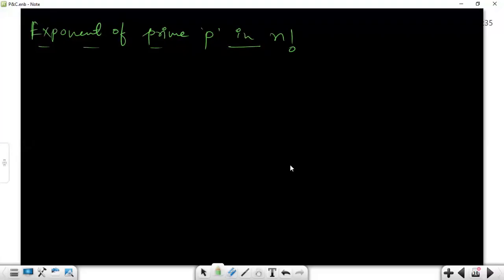So there is a method to find out the exponent of prime p in n factorial, and we are going to discuss the same.